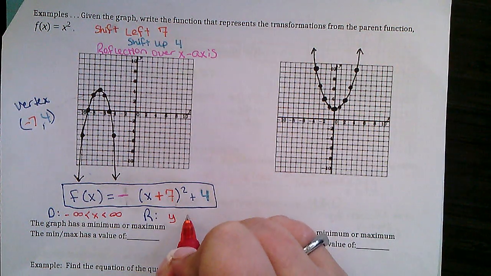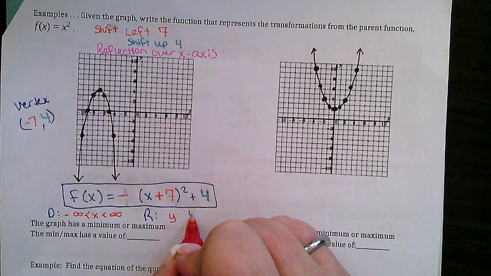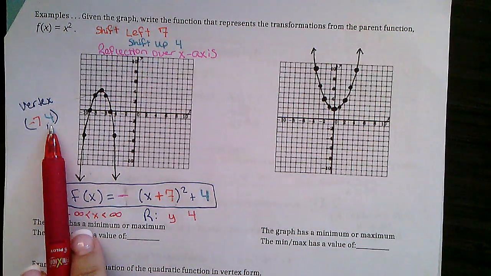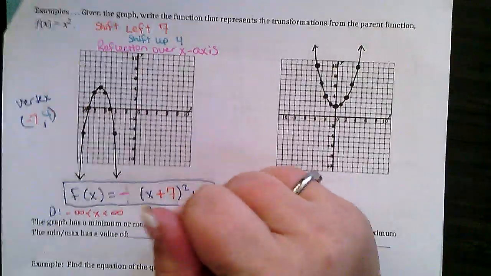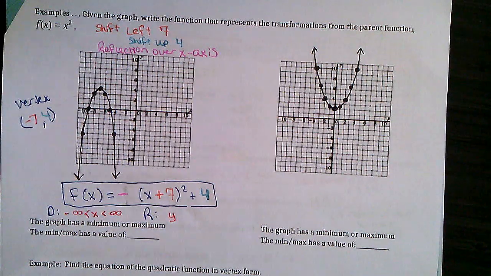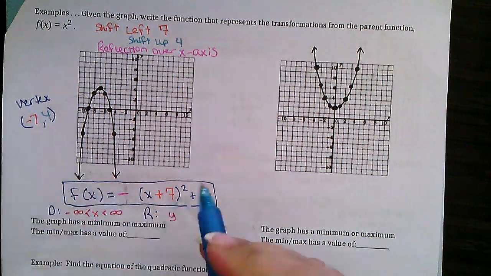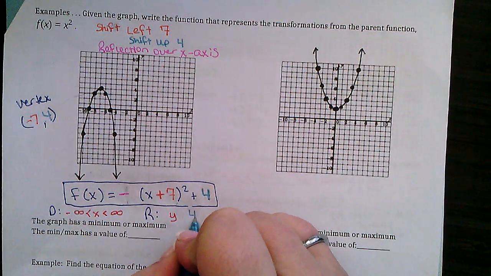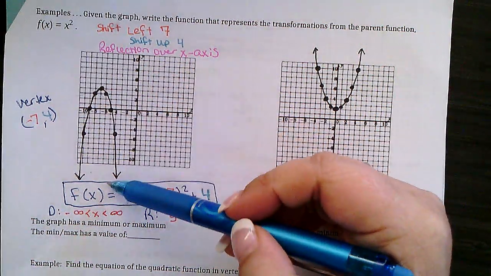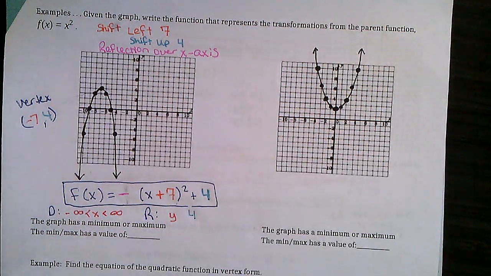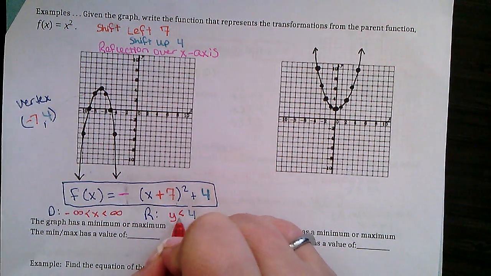And remember, that thing is always the y value of your vertex. My y value of my vertex shows up at the end of the equation. Since this one goes down, all the numbers are less than or equal to 4.